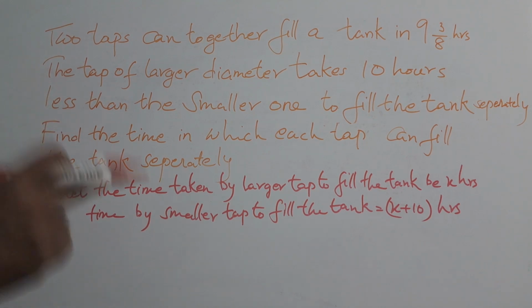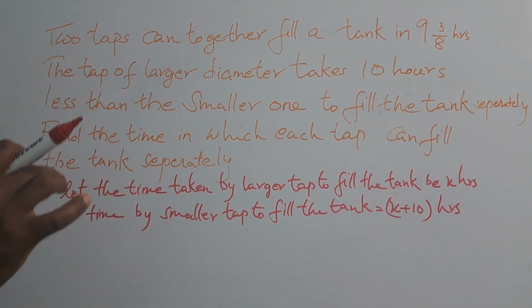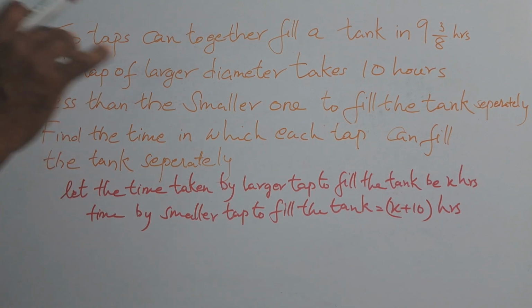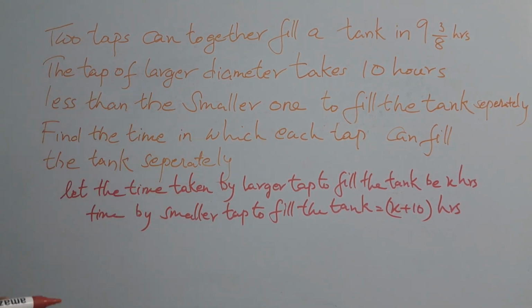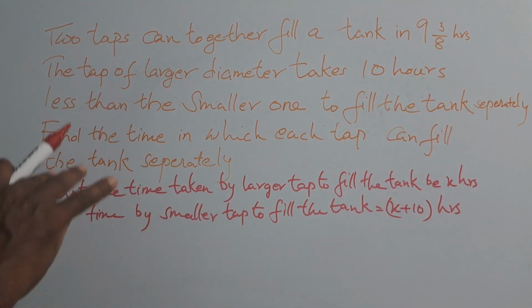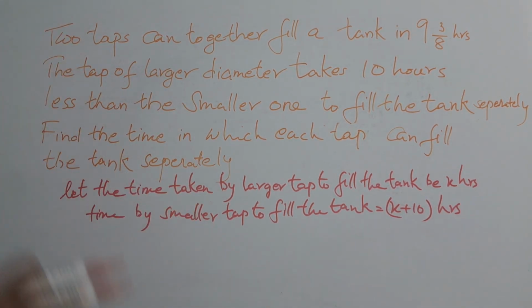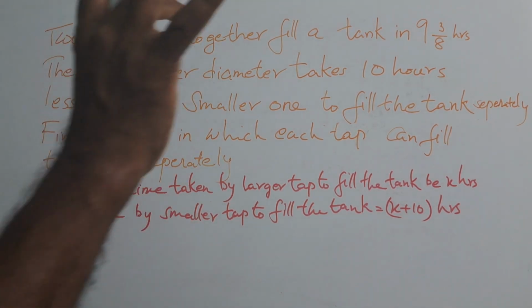If it takes x hours to fill the tank, the tap fills 1 by x part of the tank. If the smaller tap alone is used, if it takes x plus 10 hours to fill the tank, in 1 hour it fills 1 by x plus 10 part of the tank.